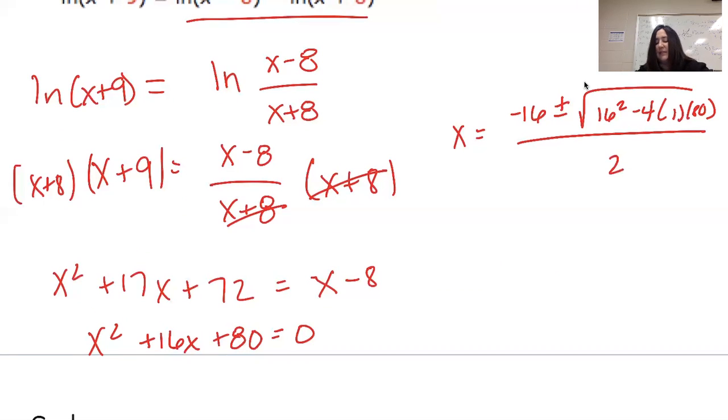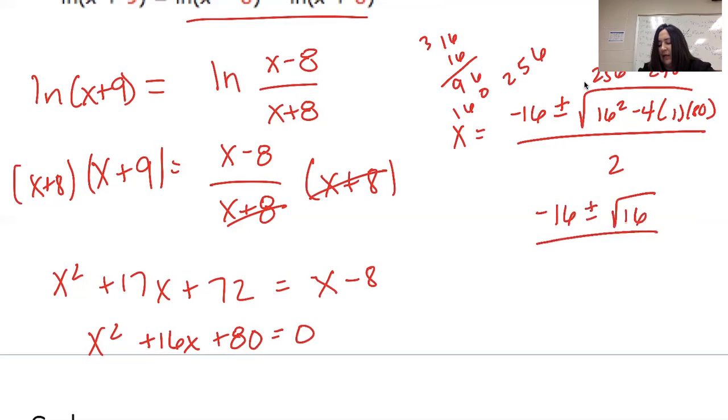So if you do 16 squared, I don't have my calculator with me. So 6 times 6, 36. That gives me a 96 and a 16. So we would have 256 minus, and this would be a 240, which is going to give me a 16. So I'd have negative 16 plus or minus the square root of 16 all over 2.